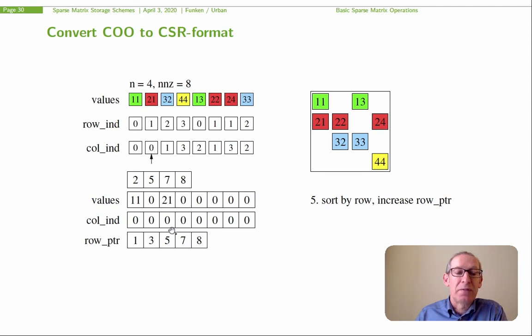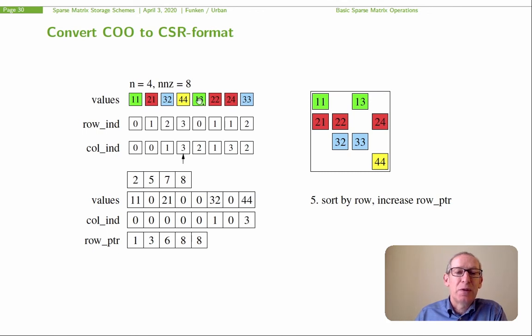So it's given here. Next would be this one. We have the 32. 32 belongs to the third row, and we have the index 1. So the third row starts with 5, and again we have the column index 1 copied. The next would be 44. 44 will be stored to the last entry, and we have to also copy the column index again here, 7 to 8.